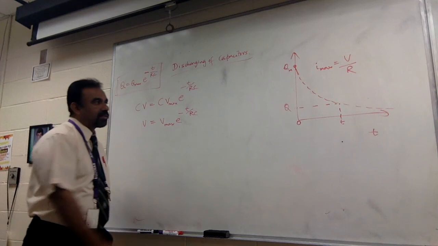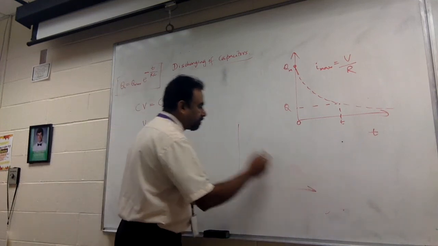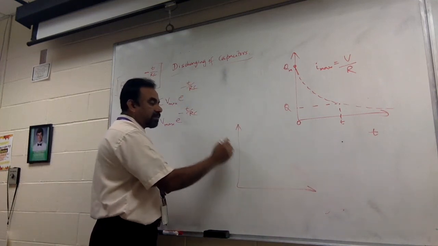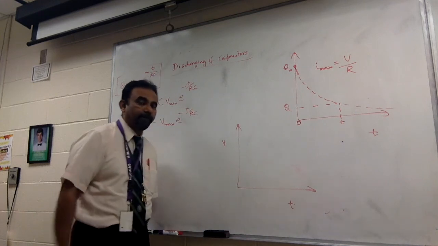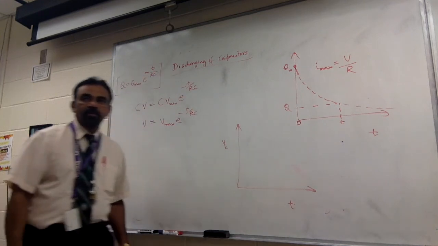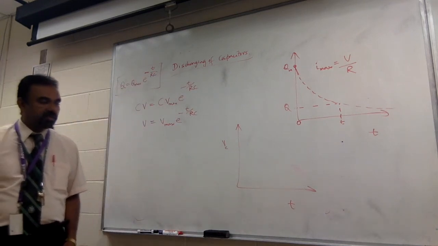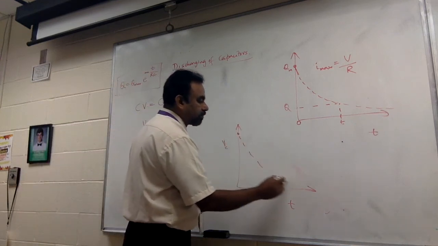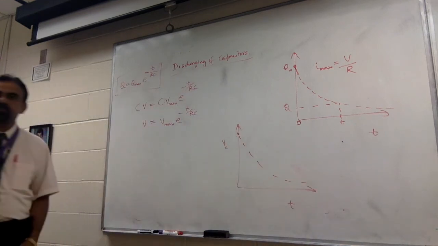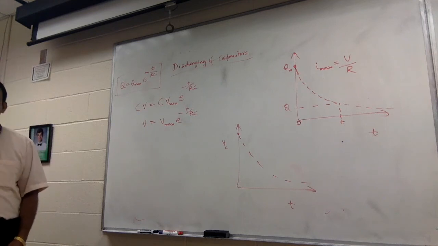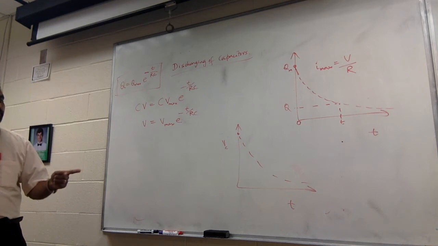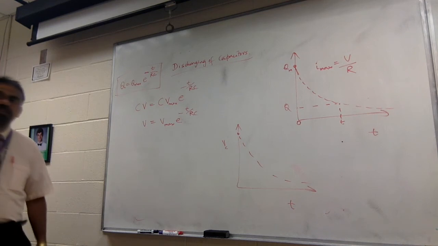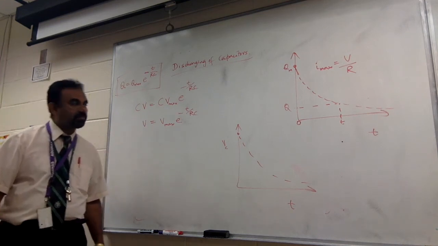What does it mean? That means you can plot a graph of voltage across a capacitor with respect to time. The voltage across a capacitor with respect to time, or even the voltage across a resistor, it's going to be the same thing. So the capacitor is seen to be discharging, and the amount of time it takes to discharge.